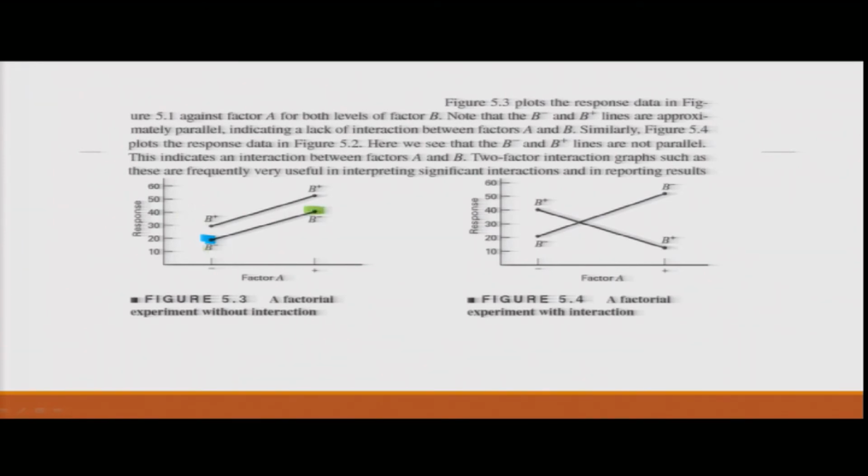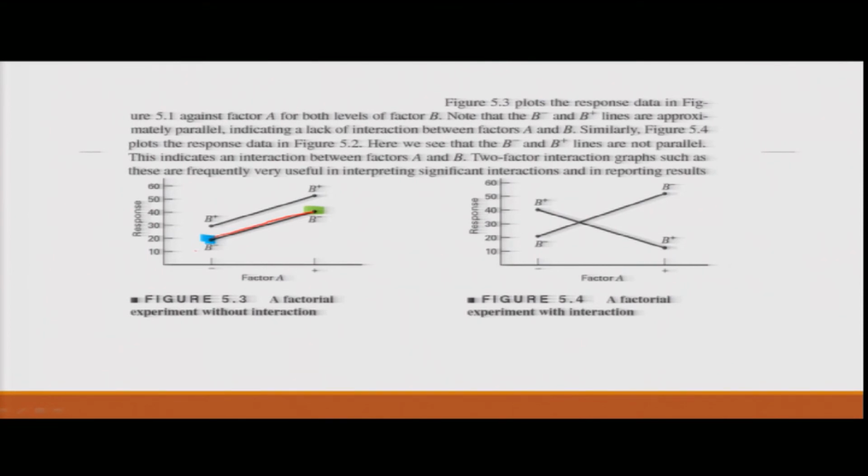So, this line corresponds to the case. I will use the felt pen with red color. For this red line which I am drawing, I am following the black one, which corresponds to B minus only. The lower value is for A minus, and the upper value, which is 40, is for A plus.